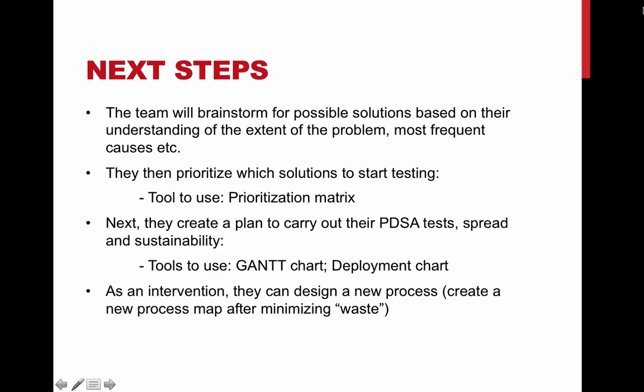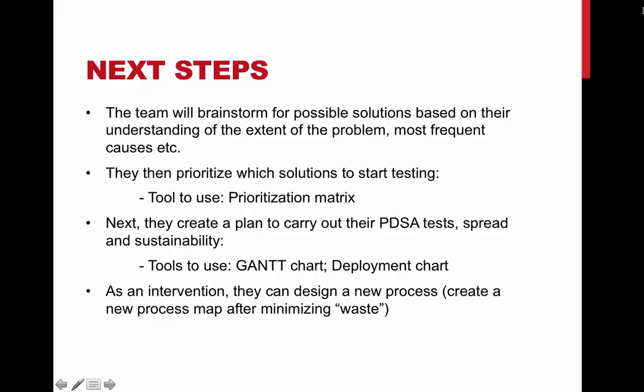Now, based on these different factors, they could create a prioritization matrix and they could map out which solutions will be easy to implement and will have high impact, will be difficult to implement, will have low impact, etc. Okay, so prioritization matrix is something you use as a decision making tool for QI implementation.